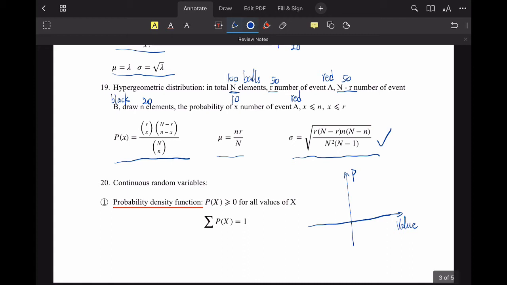The probability density function comes in various shapes. For example, for normal distribution, we can have a shape like this. And for other kinds of experiments, we might get a shape like this or like this, or even like this, whatever shape. You just need to remember the y-axis and the x-axis and what they represent. That's all about this function.